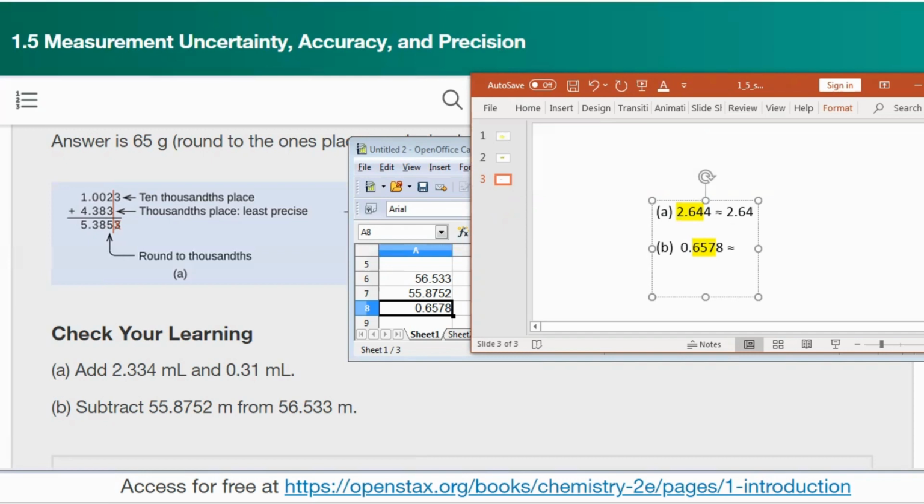So we retain 6, 5, and it's the 7, the last significant digit. We have to determine whether to round up or down, and because the digit immediately to the right of the last significant digit is an 8, we round up, therefore the 7 rounds up to 8.